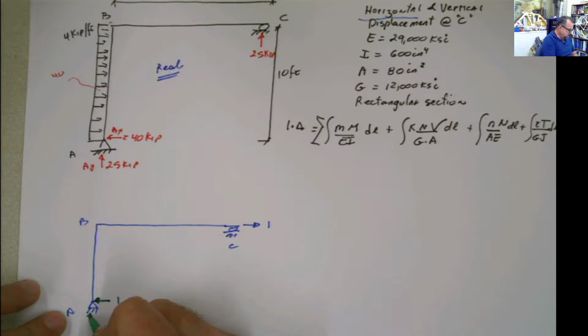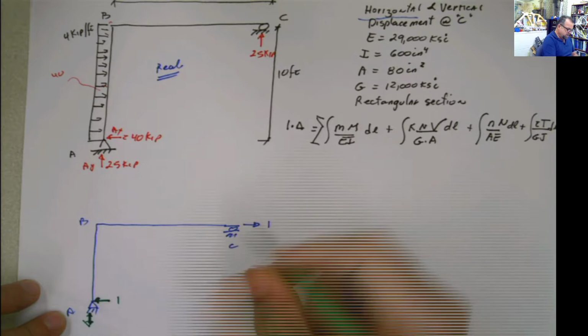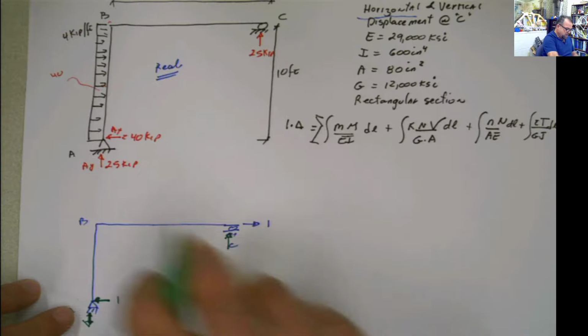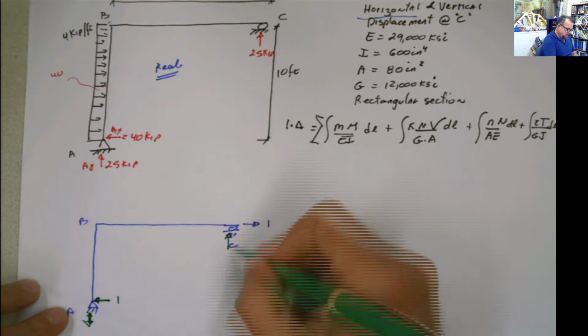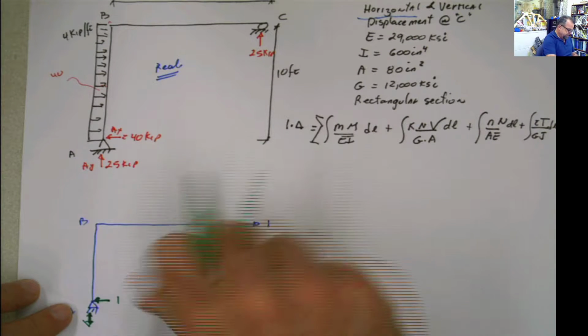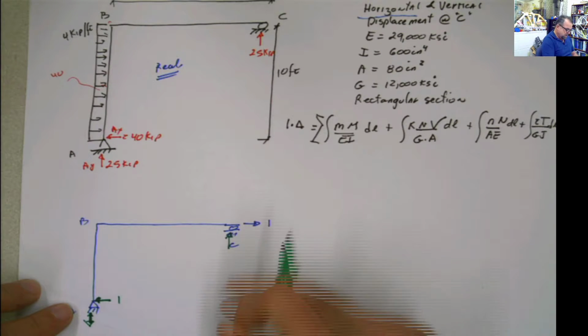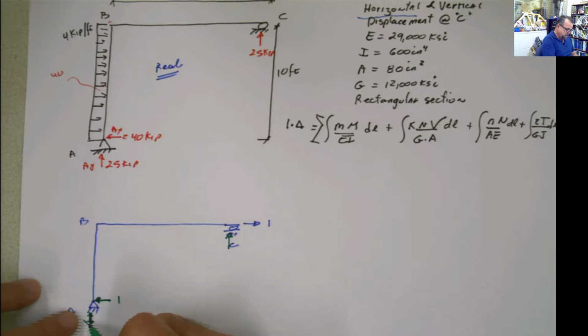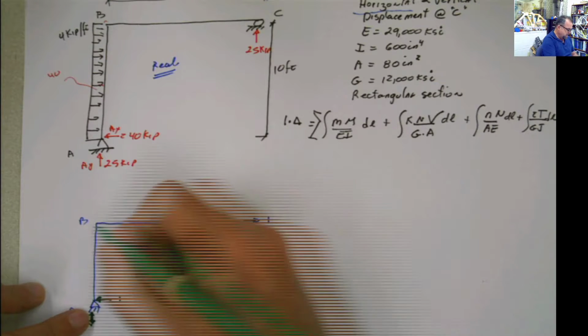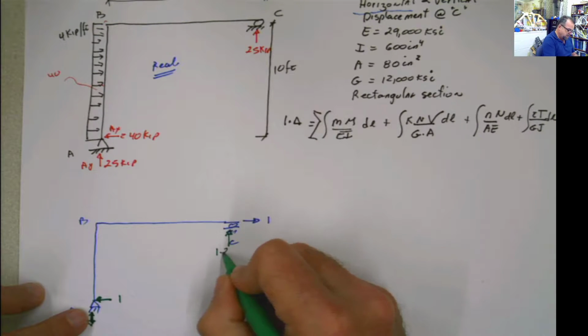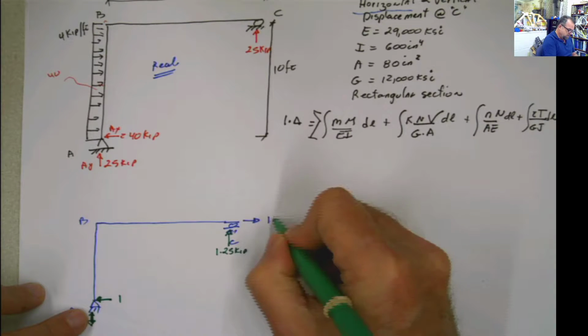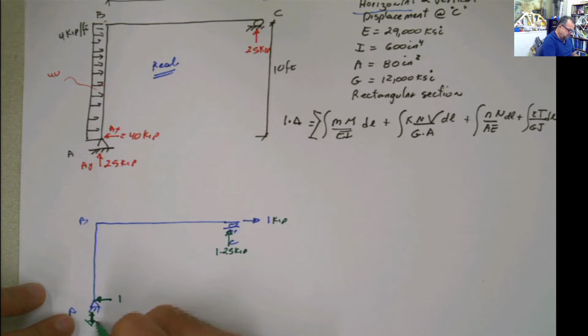And now you have this force here, same thing as before. You have 1 times 10, which is 10, and then this couple divided by 8 is going to be 1.25 and 1.25.